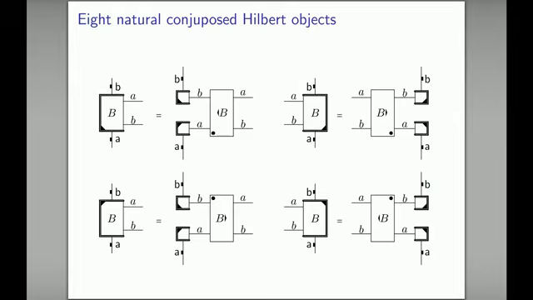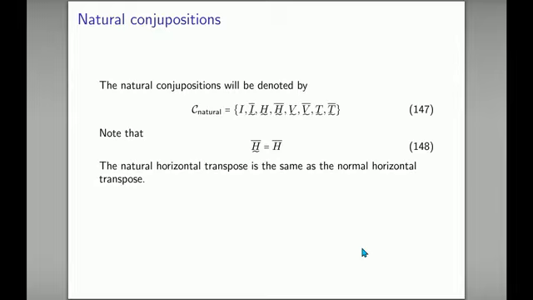Anyway, you can do the natural horizontal adjoint from here to here, and so on, all the other adjoints, all the other conjupositions. And this is the notation. So now I'm notating these natural conjupositions when they act on Hilbert objects using the under tilde.